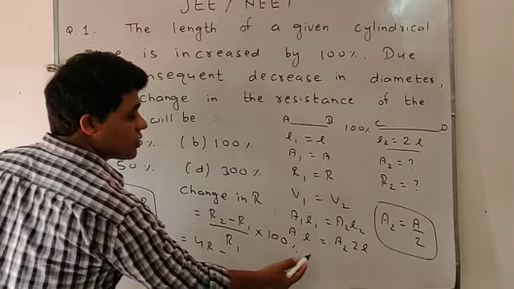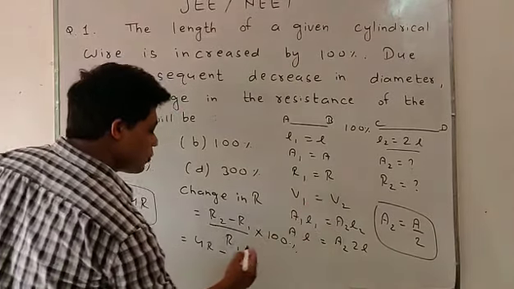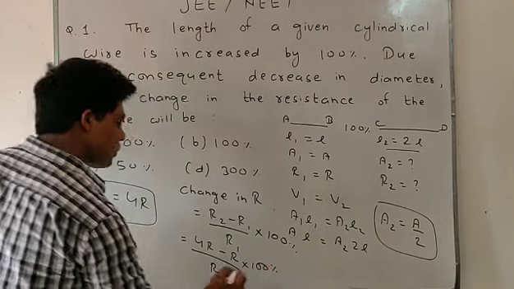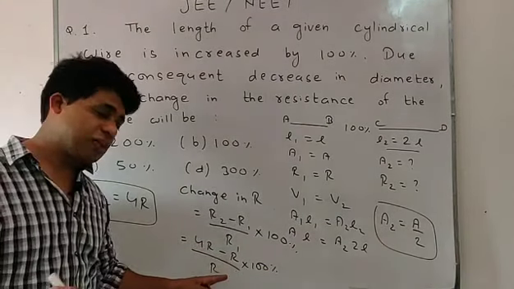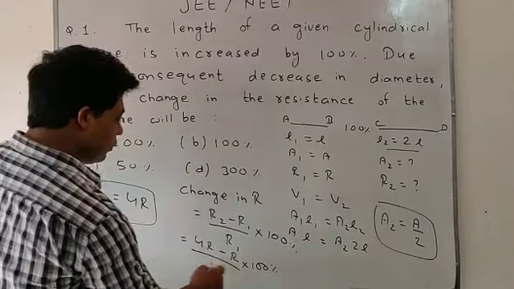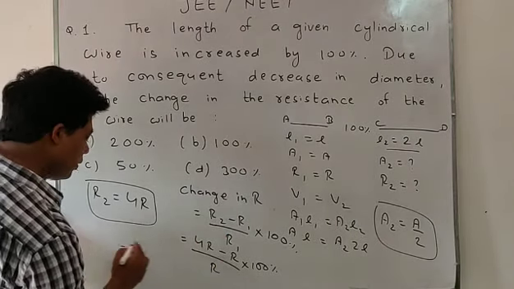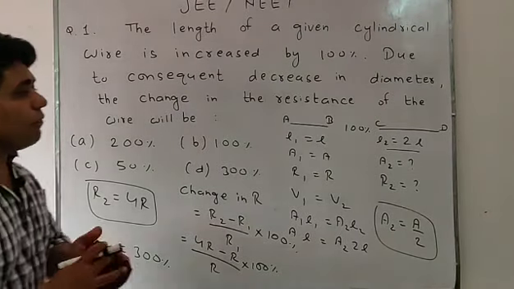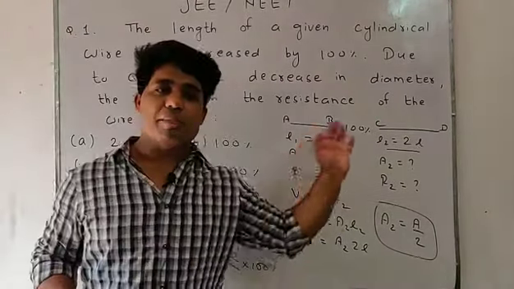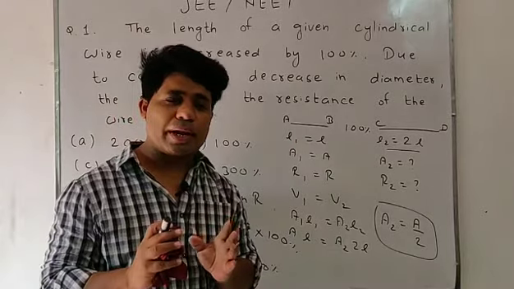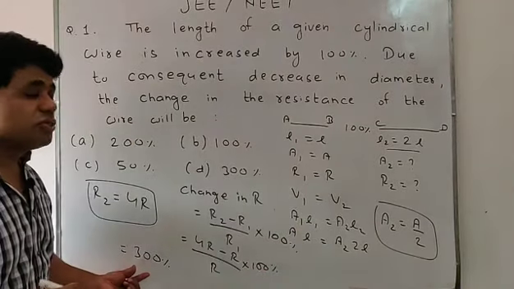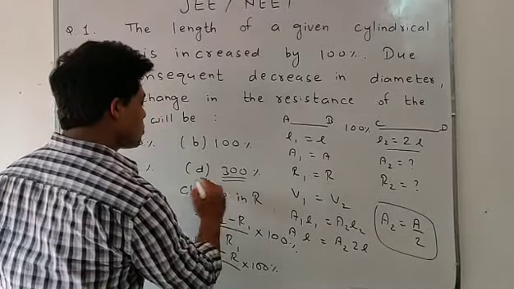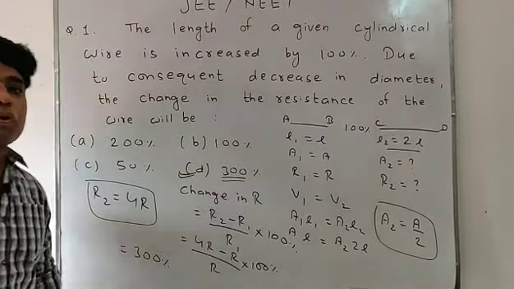R1 is the initial resistance that we assumed as R, upon R into 100%. 4R minus R is 3R, R cancels out. 3 into 100 gives 300%. So when we increase length by 100%, that is, when we make the length twice, the change in resistance will be 300%. So this is the correct option. D is the correct option, students.